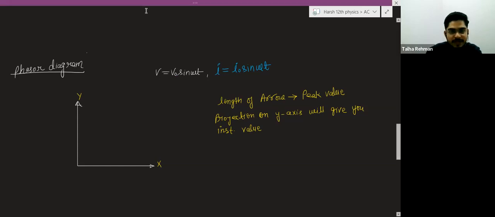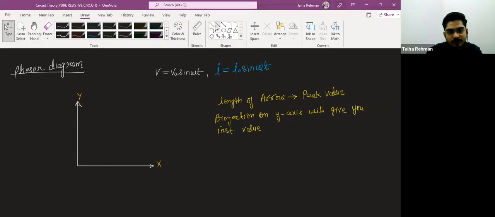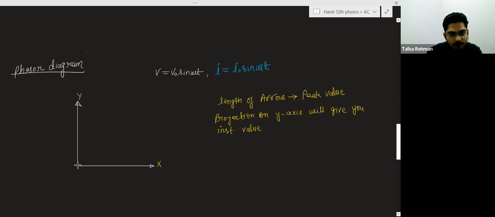When you draw the phasor diagram, from this point you draw a line like this. The length of this line is V naught, and this angle will be omega t. So this is the phasor diagram for the voltage.